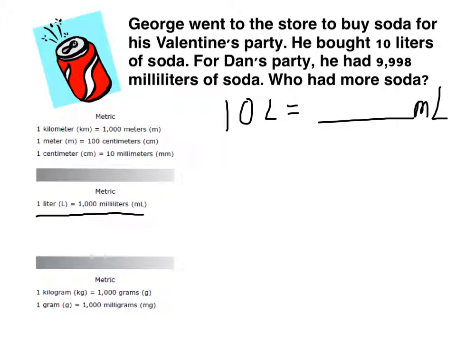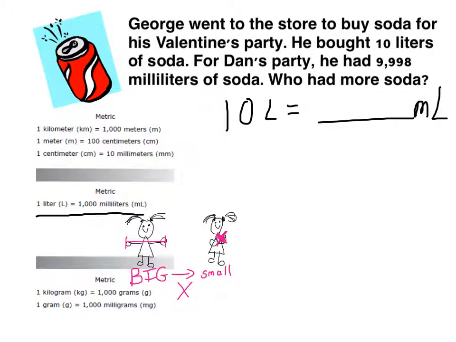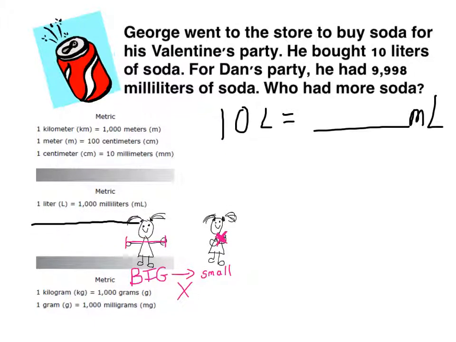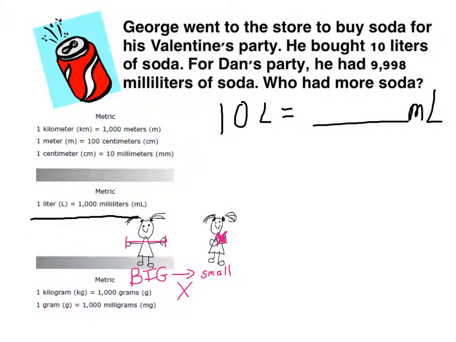Now, do you all remember what you would have to do when you go from bigger to smaller? Did you say multiply? If you did, you'd be right. We're going to be multiplying. Now we see here on our chart, we have 1,000 here, so that means we're going to be multiplying by 1,000.